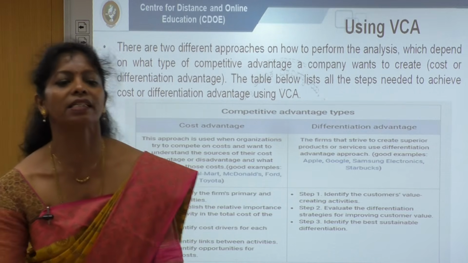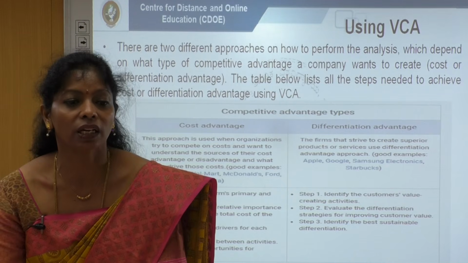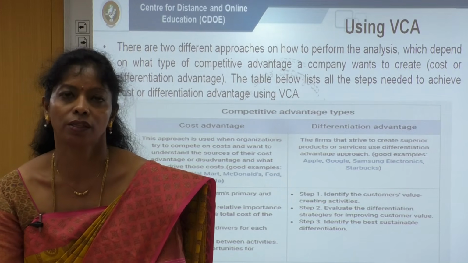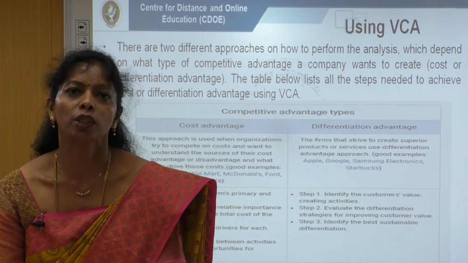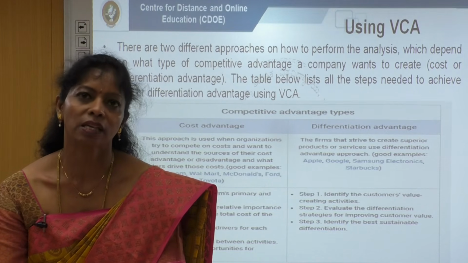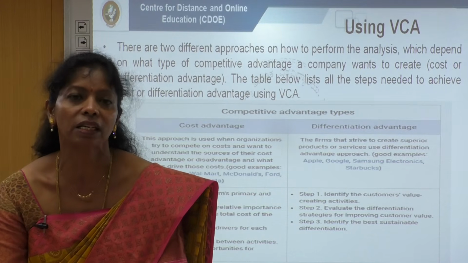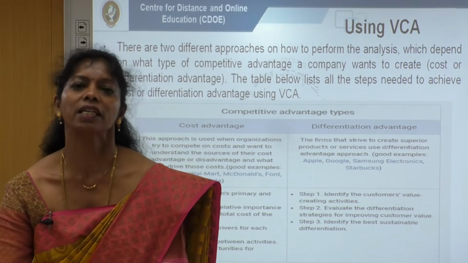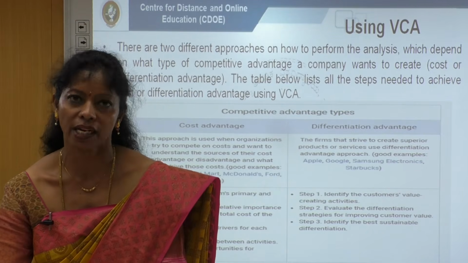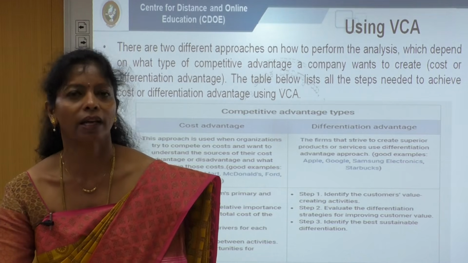Step 2 is to establish the relative importance of each activity in the total cost of the product. For example, take the marketing and sales department. In order to meet the customer and create awareness about the product and service offered by the organization, they will have to run promotional campaigns.